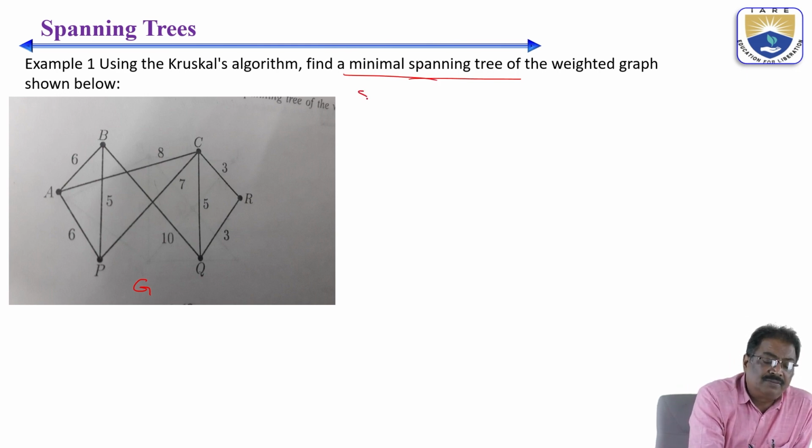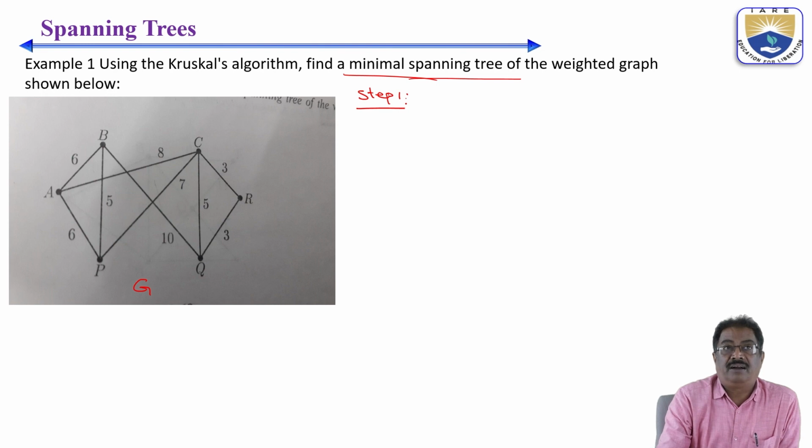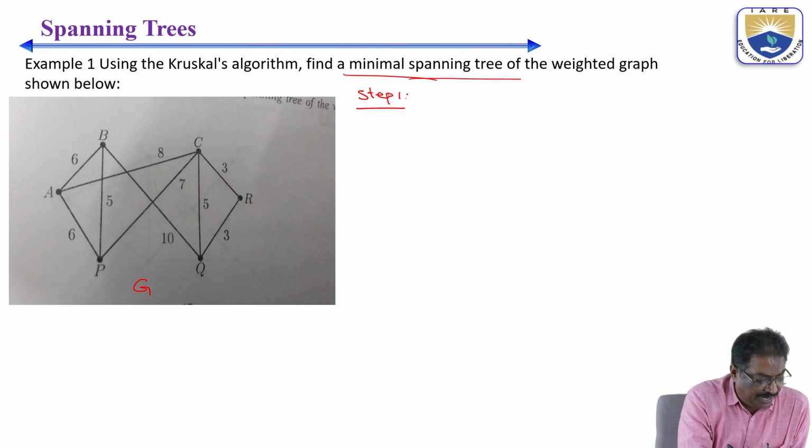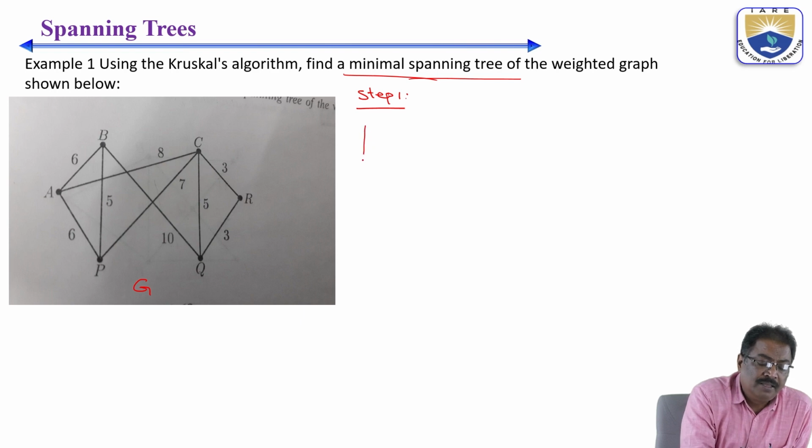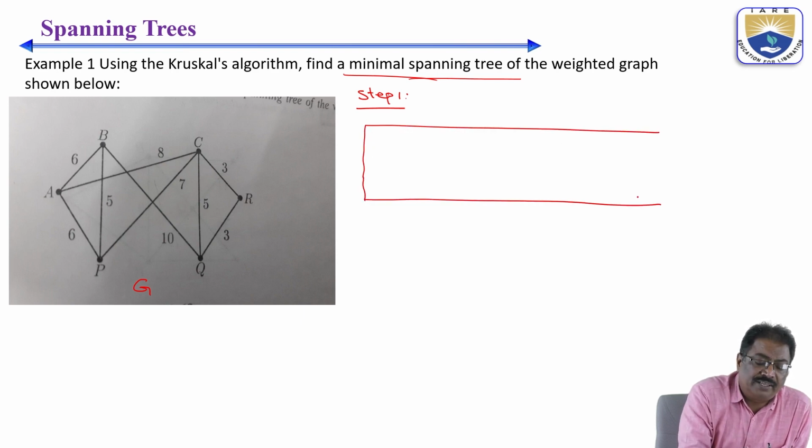The first step is we have to arrange all the weights in ascending order. So first we have to write, select all the edges, whatever edges the graph is having.